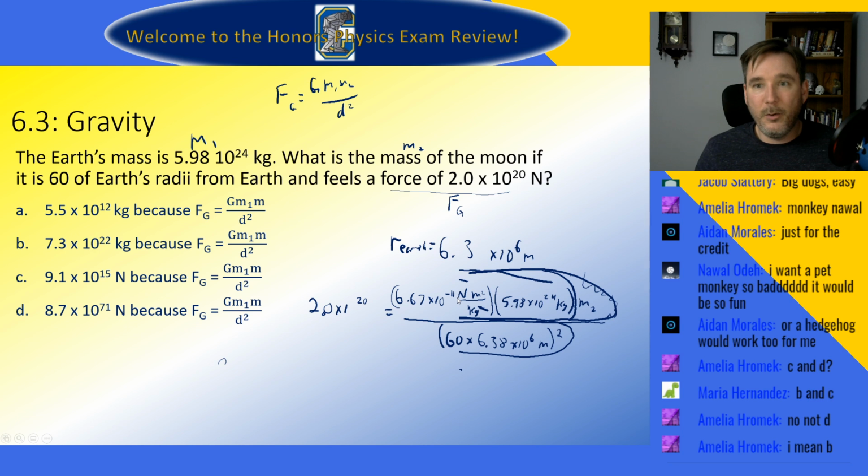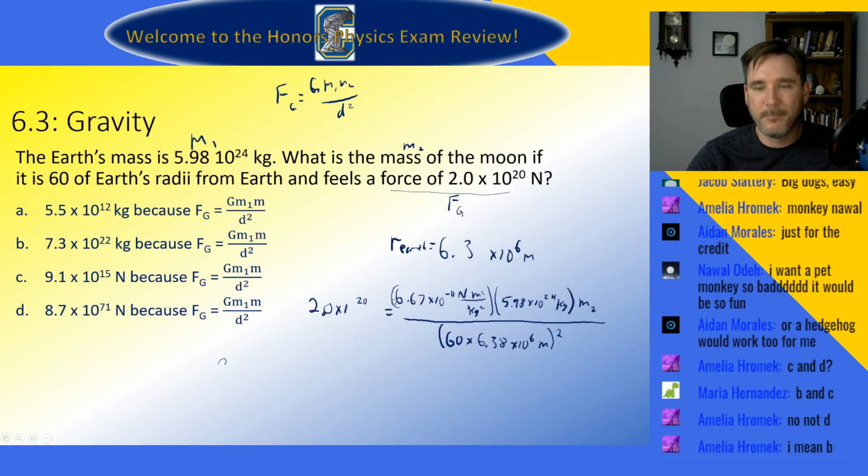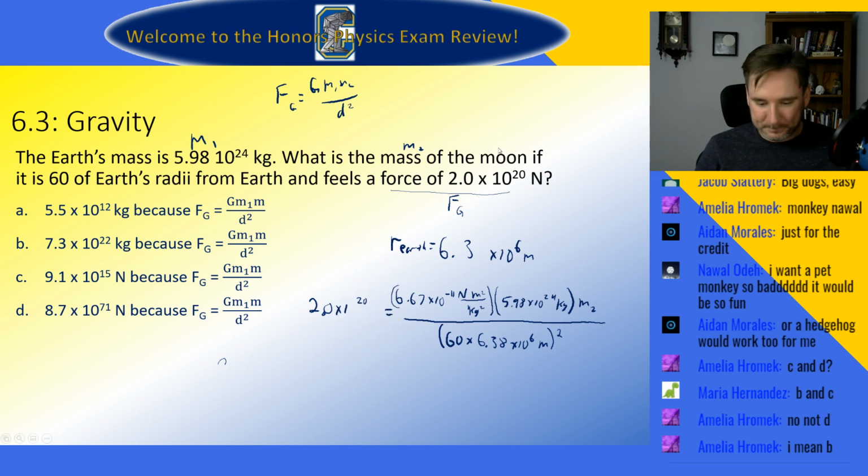Come back. Holy cow, did all that just disappear? Well, ladies and gentlemen, that's a shame. There's no undo. Let's see if I can just look at my calculator again. Erase. What is going on?